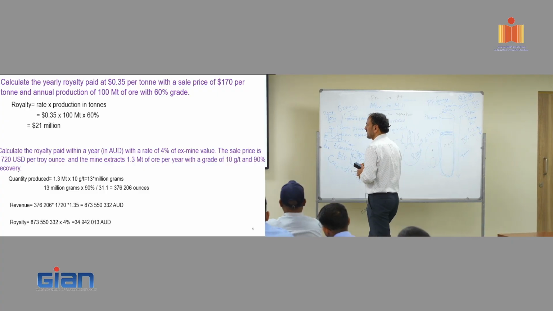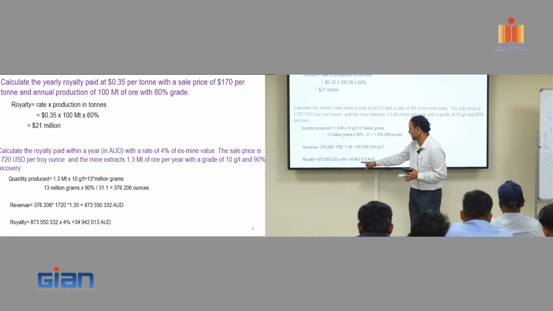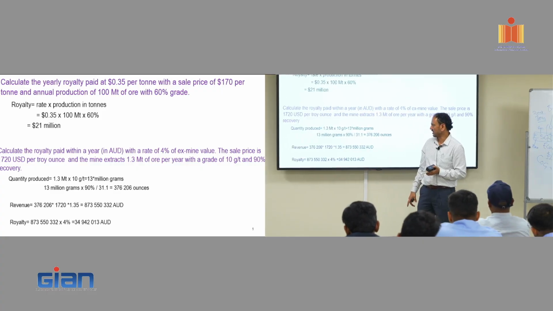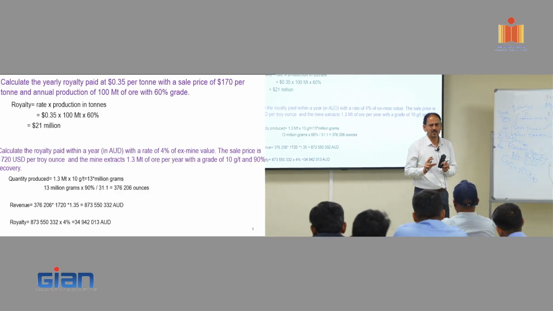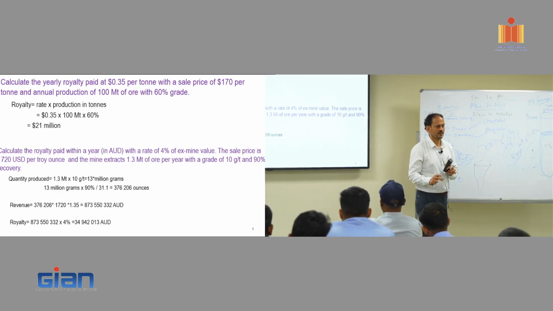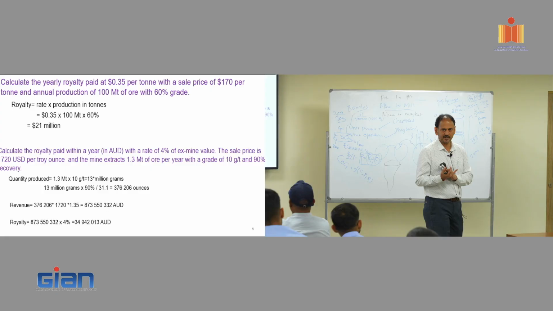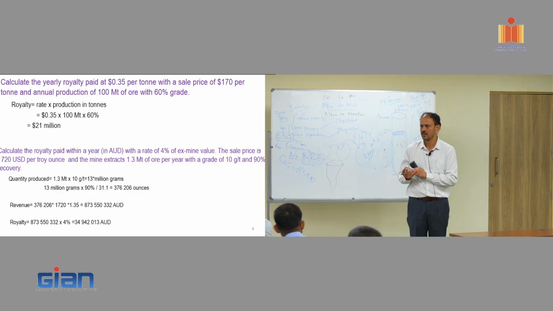So again, how much royalty goes to the government? 34 million, close to 34 million Australian dollars. So that's how you calculate the royalty. And again, different systems are used. For example, in India also we use the ad valorem method to calculate the royalties that get paid to the governments.